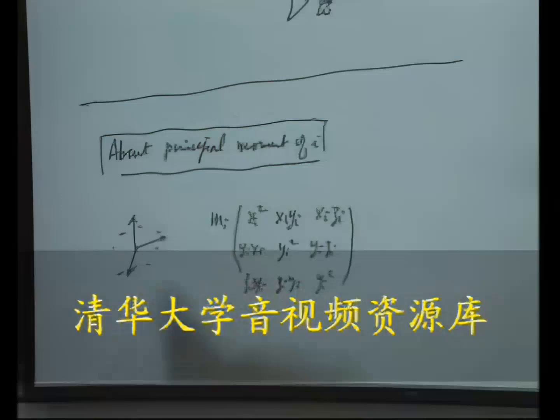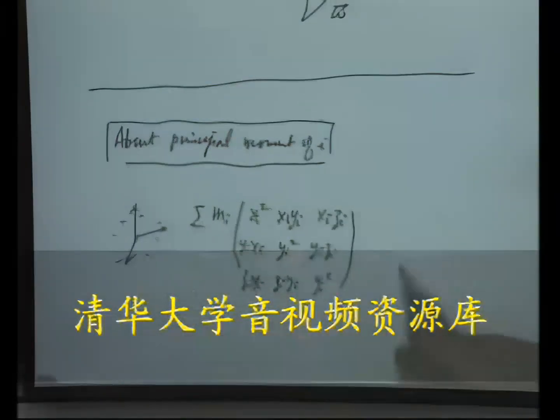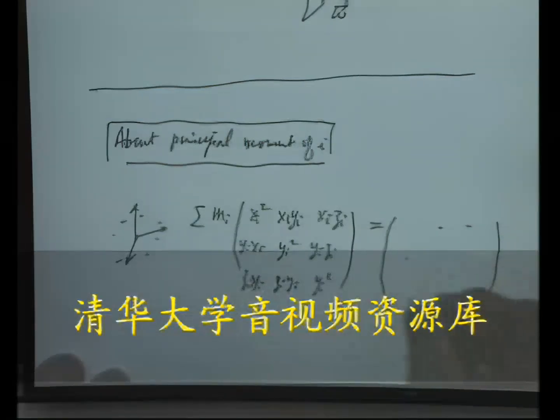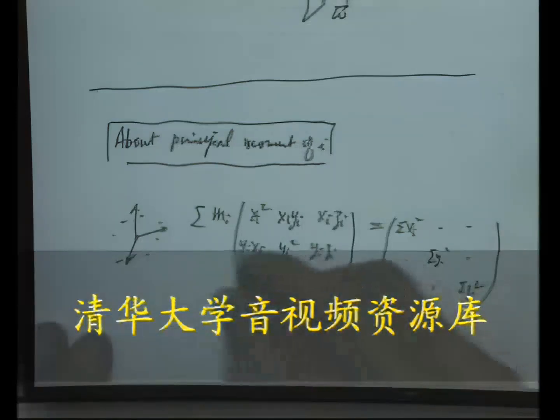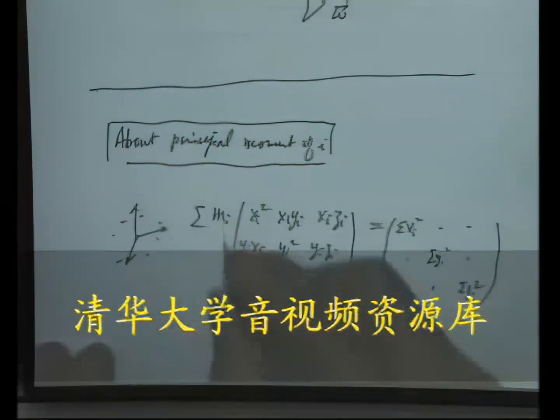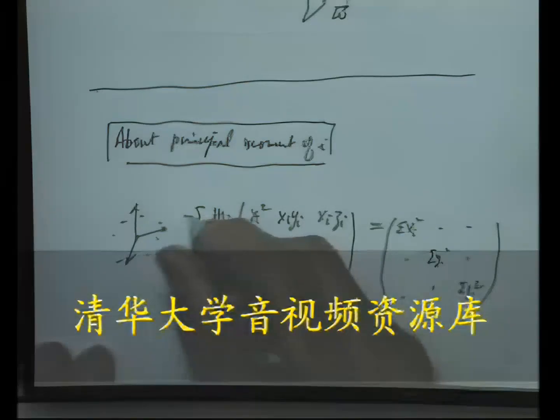And when I sum it, let's forget about the off-diagonal elements. Let's only look at the diagonal elements. The diagonal elements are summation x_i squared, summation y_i squared, summation z_i squared. So, sorry, that's the second term in the angular momentum, this is the second term.